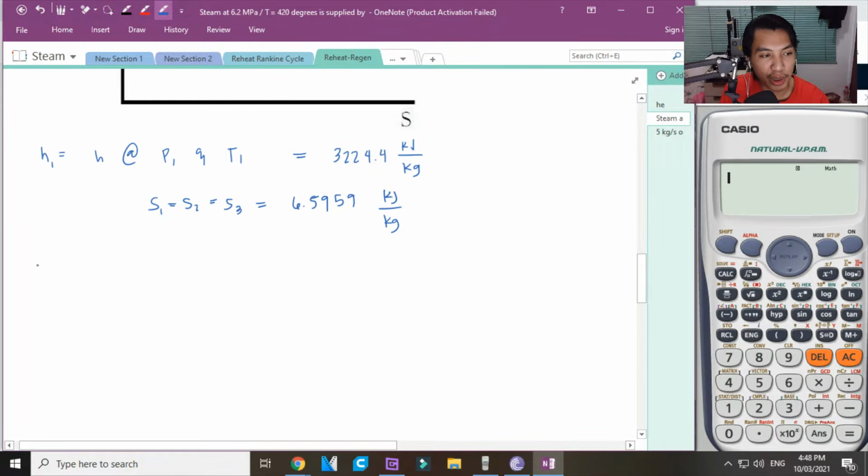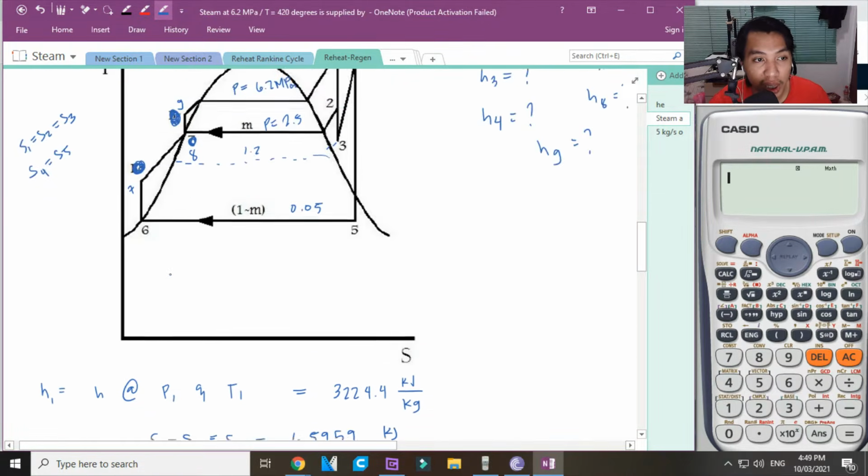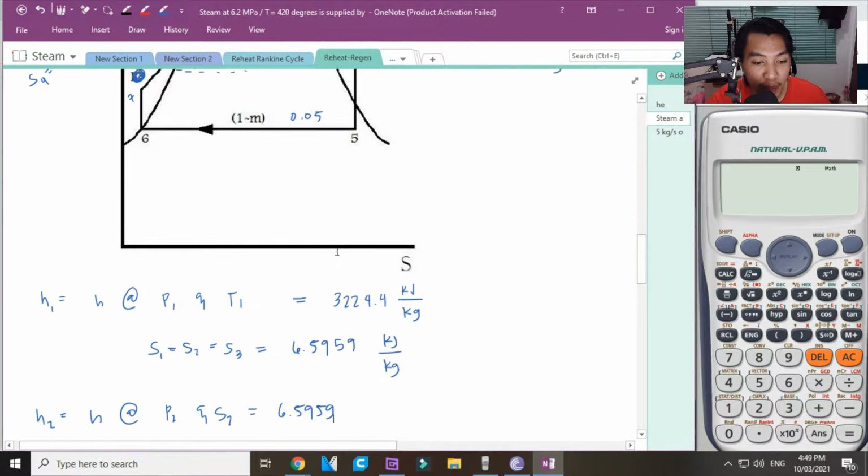Paano naman yung H2? Di ba ang H2 kukunin natin at H at P2 and S2. Where your S2 is equal to 6.5959. Where your P2, tignan mo dun sa TS diagram mo, that is 2.5 MPa.